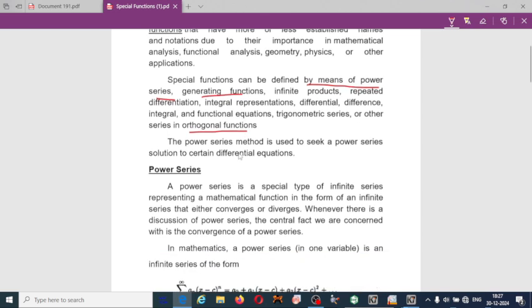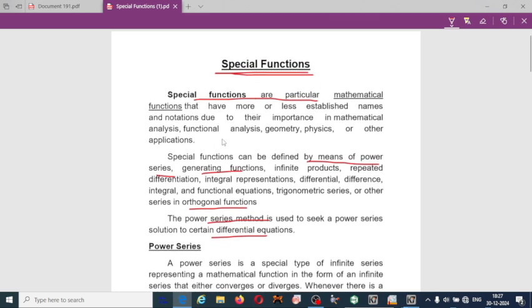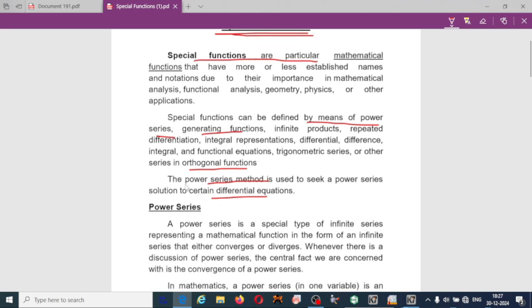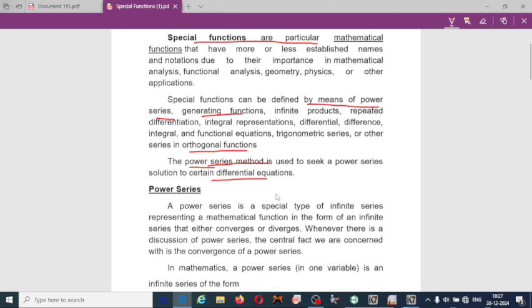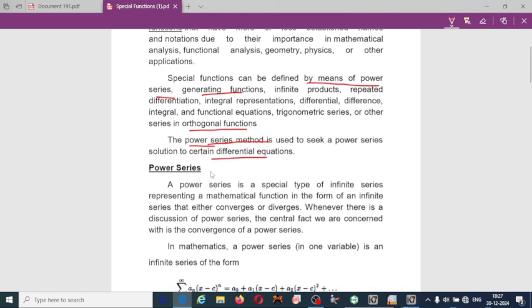So how is the power series method used to get the solution of differential equations, which are second order differential equations, special functions, as we are discussing. The power series method is very helpful to get the solution of special functions.